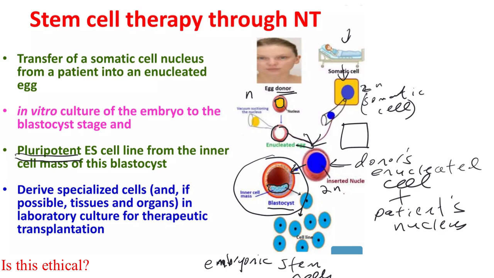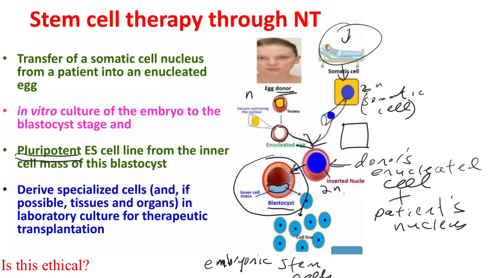Now, when it's at the blastocyst stage, they'll make this cold and suspend it so it won't keep dividing. After that, they'll scrape out the stem cells from the blastocyst and implant those into the damaged area of the patient.